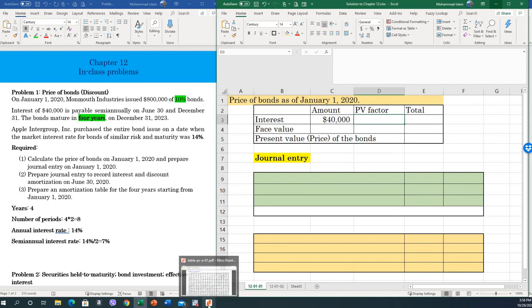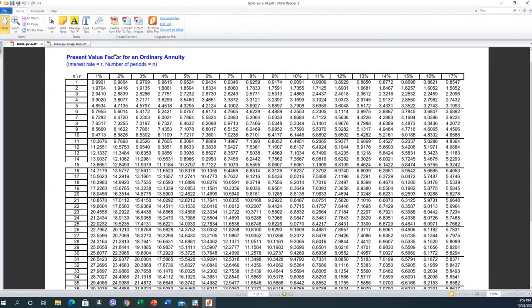So let's see how to find this one. This is the present value factor of an ordinary annuity. This is the interest rate. We will stop here, 7% interest, and the number of periods is 8. So just go this way, go right, and see this one.